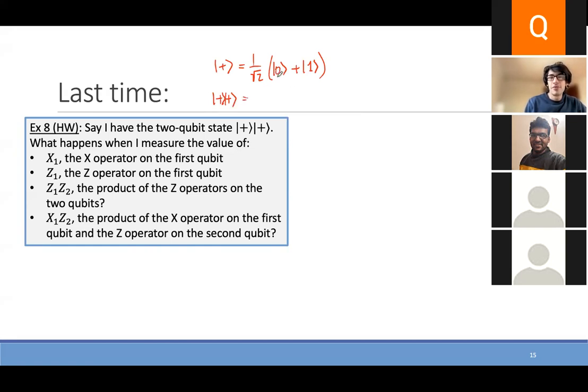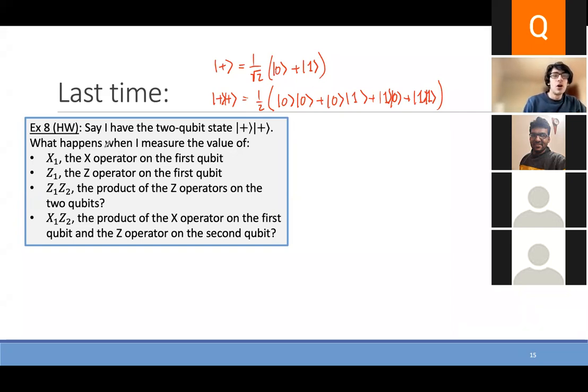I can just expand this out. This is 1/2 times 00 plus 01 plus 10 plus 11. This is just me putting two pluses next to each other and multiplying it out: first, inner, outer, last.